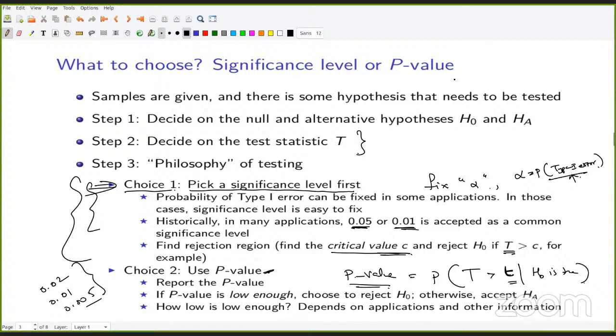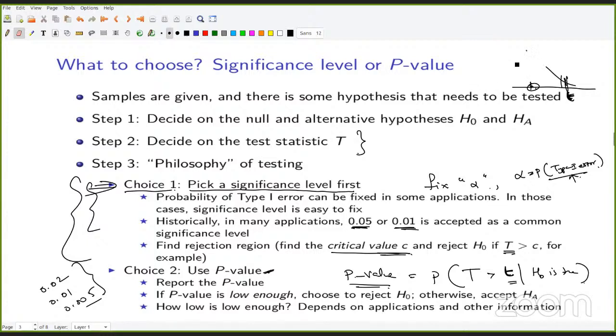You understand this point? That means this particular t is far away from the mean. If your p-value is the area under the curve, and that area is very, very small, that means this particular t is very far from what we are actually testing. So if it is that far, we reject it.